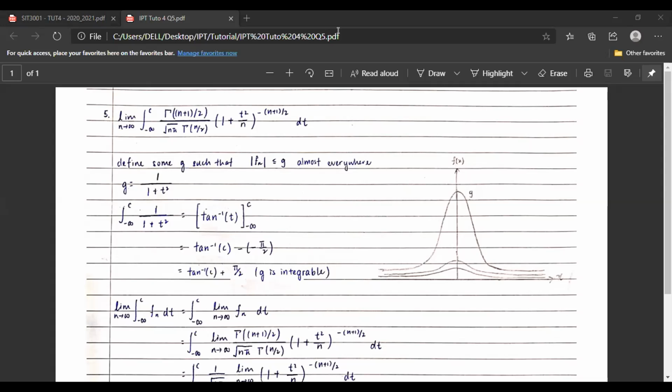As your degree of freedom increases, the peak concentration around 0 will increase, and that surely will escape from your 1 over 1 plus t squared. So you have to do something more about it.